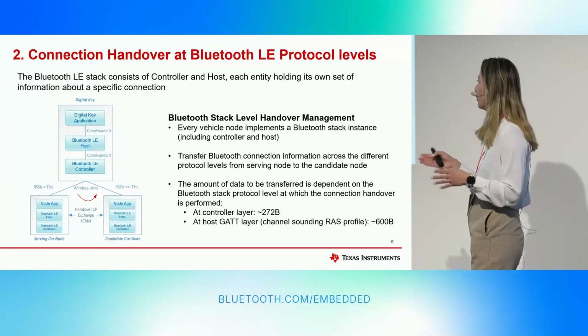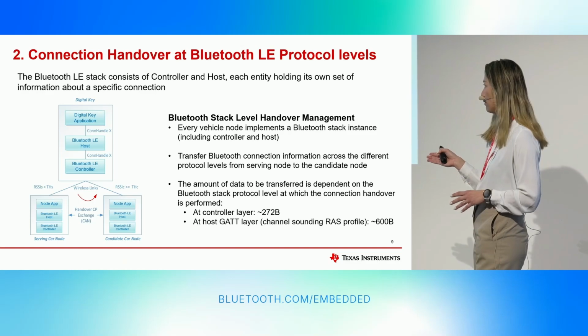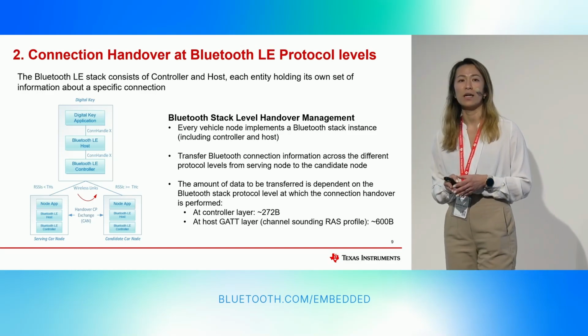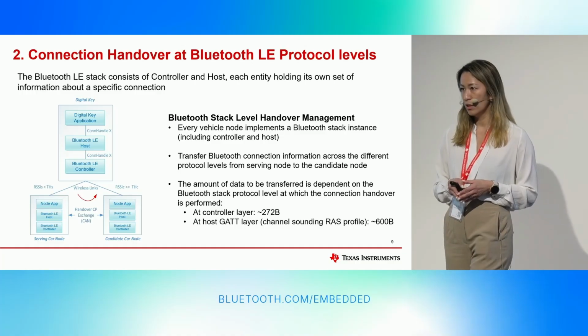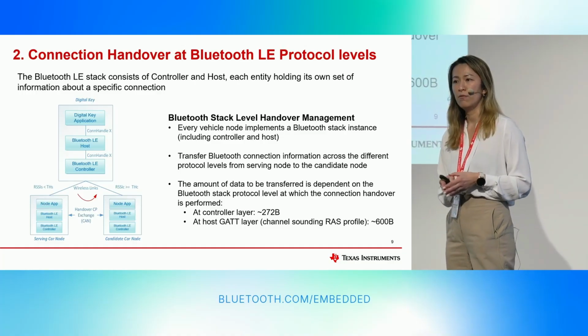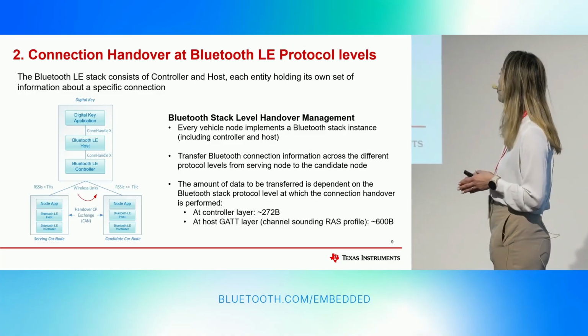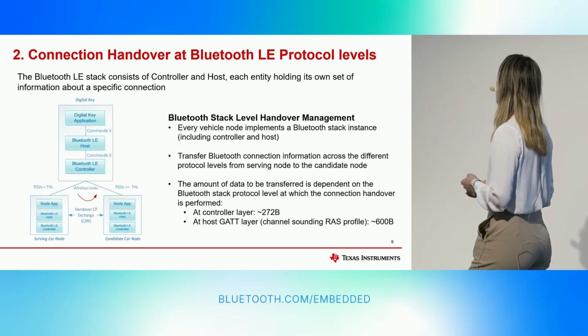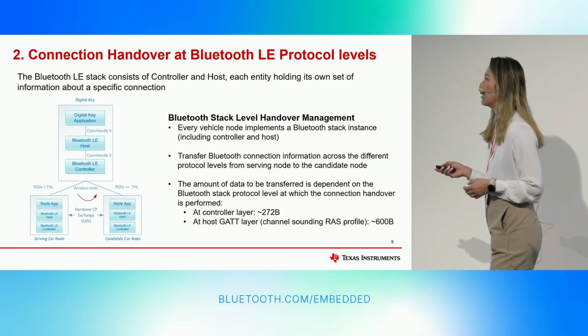At the host layer, if we are including, for example, that channel sounding handover, which you also have something called the ranging profile that was defined by the Bluetooth specification, you need to include the data for the ranging profile together with the controller layer. So the total amount of bytes is about 600 bytes.